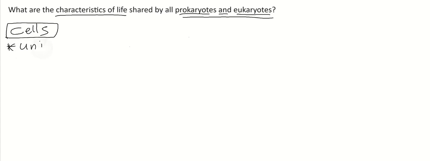Now, unicellular organisms do all these other functions in that one cell, whereas multicellular organisms often have specialized or differentiated cells, which just means that they have cells specialized at doing specific functions.